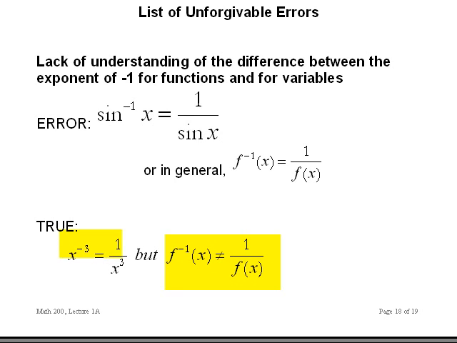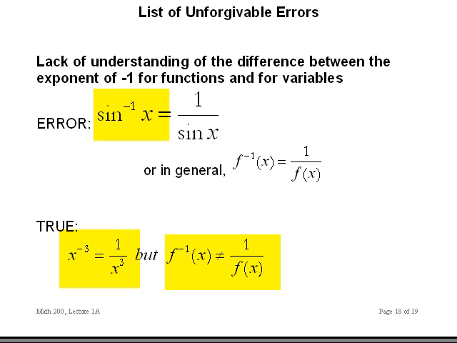However, with numbers or variables, it does. With functions, f to the minus 1 means the inverse of x. In this case, sine to minus 1 of x is the arc sine of x. Right? It means the inverse. I'll talk about that in another lecture. But this is a quirk in the notation of math.